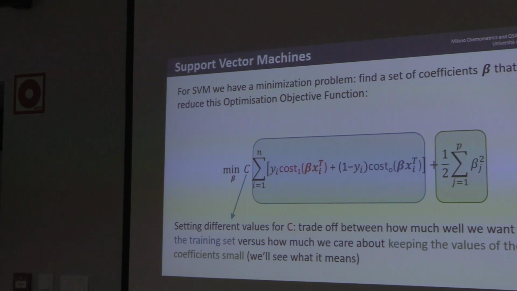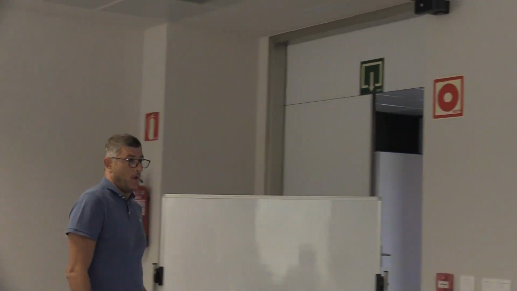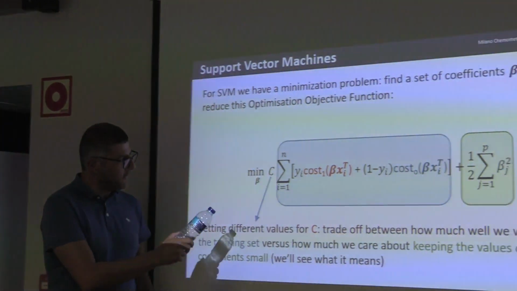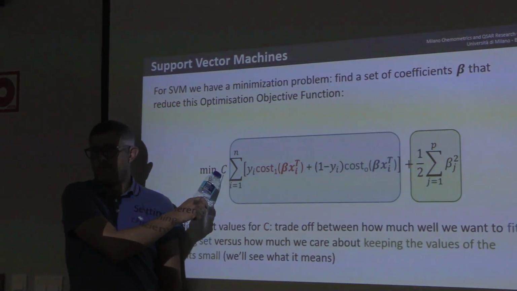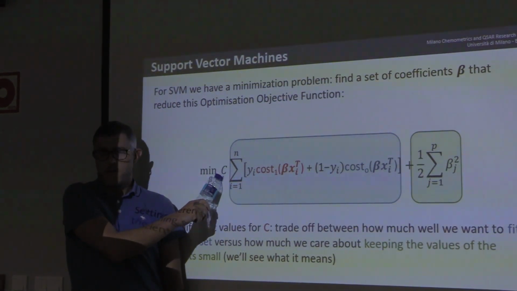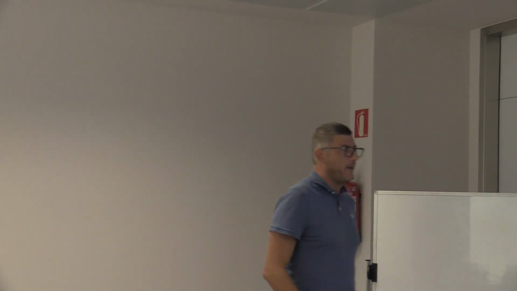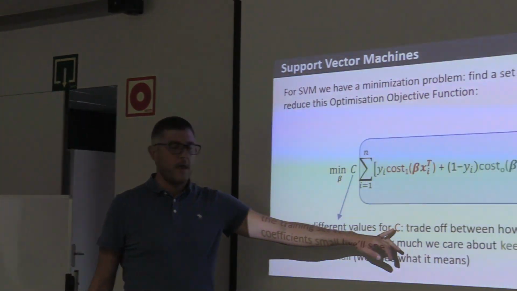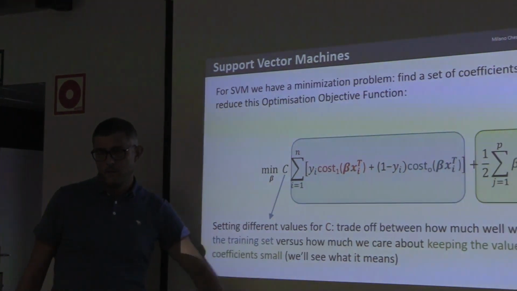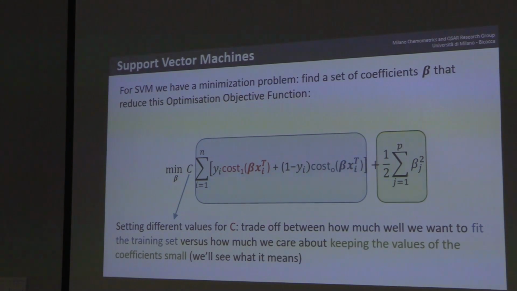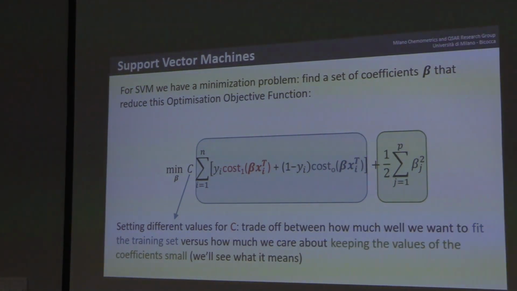Now, can you see the two parts of this optimization function? But you also have this stuff, C. This is a positive number we have to define. It is called cost. So every time you do a support vector machine, you have to select a cost.